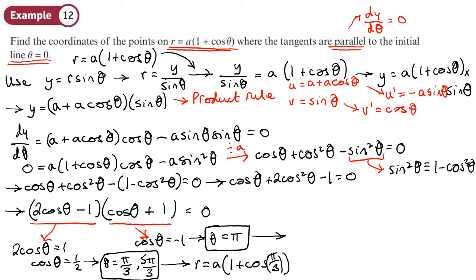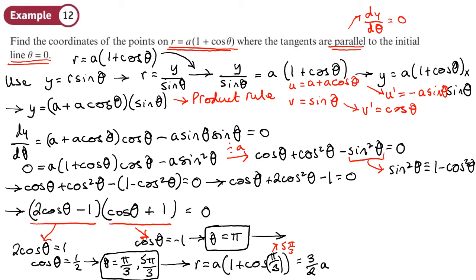So the bit in the bracket gives you 3 over 2, and we've got the a, so it gives you 3 over 2a. Now, if you put 5 pi over 3 in, you get the same answer, because basically it's a half, isn't it?